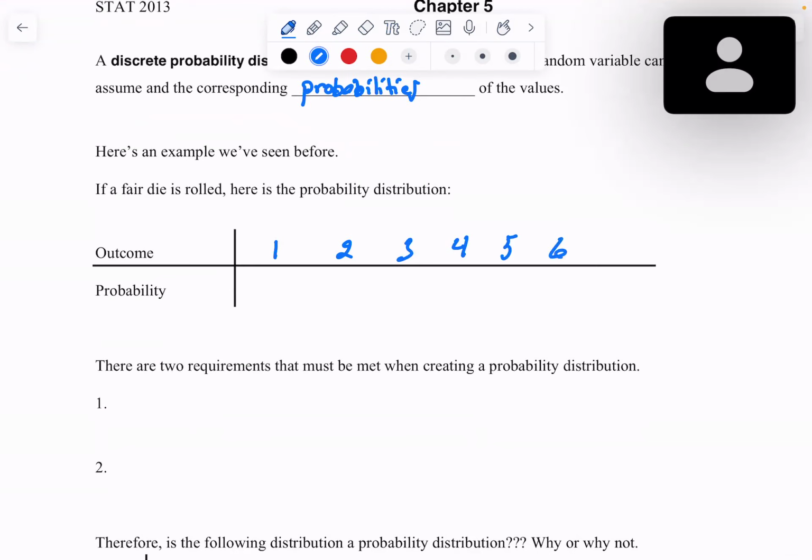And then in the bottom, it shows the probability for each of these. And we know from chapter 4, for each of these, the probability it happens is just 1/6, right? So the probability down here is 1/6 for this one, 1/6 for this one, 1/6 for this one, 1/6 for this one, 1/6 for this one, and 1/6 for this one.